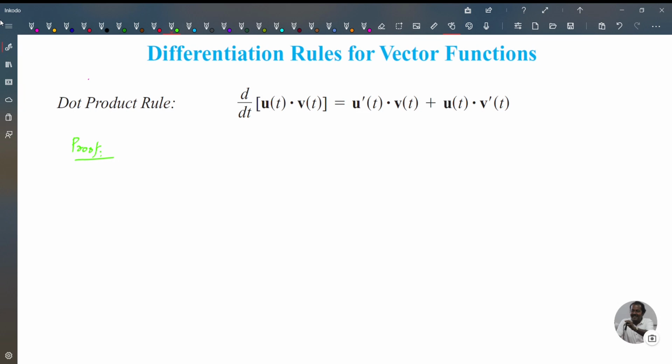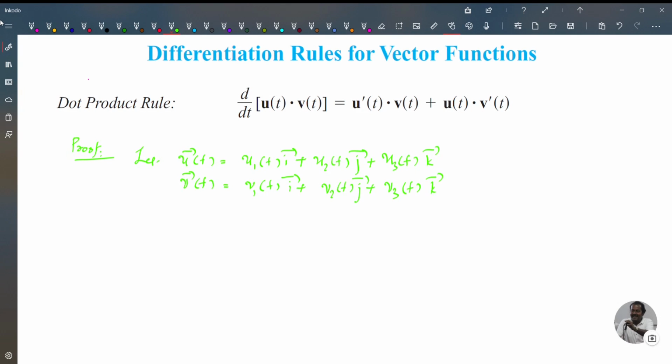For which, let u of t is equal to u1 of t i plus u2 of t j plus u3 of t k, and v of t equal to v1 of t i plus v2 of t j plus v3 of t k. Then we have u dot v is u1 v1 plus u2 v2 plus u3 v3.